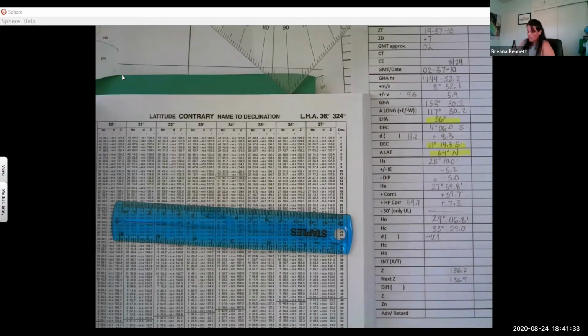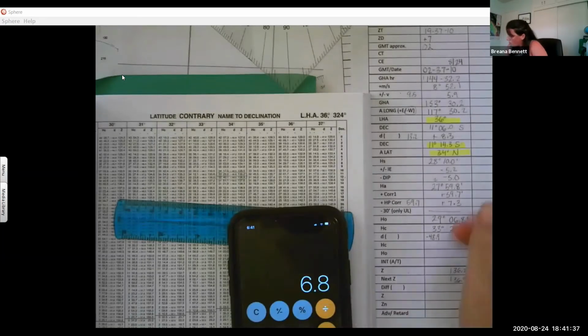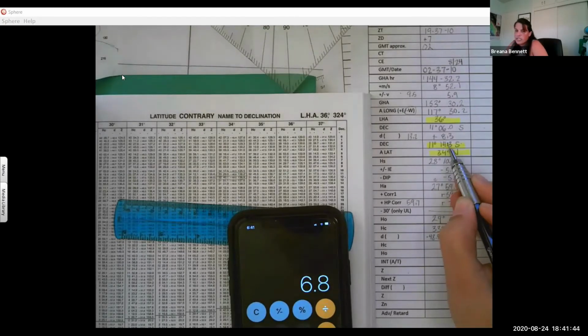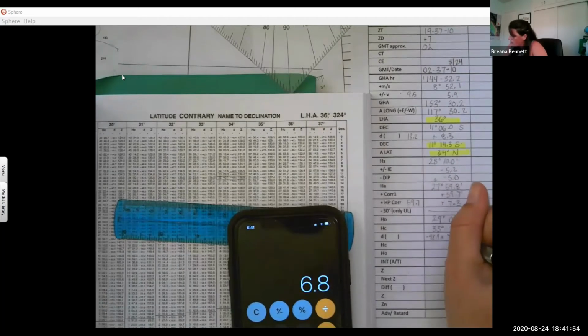So we are multiplying that difference, that little d, by the leftover of our declination. So we had 11 degrees and then 14.3 sixtieths to get us to where we are.